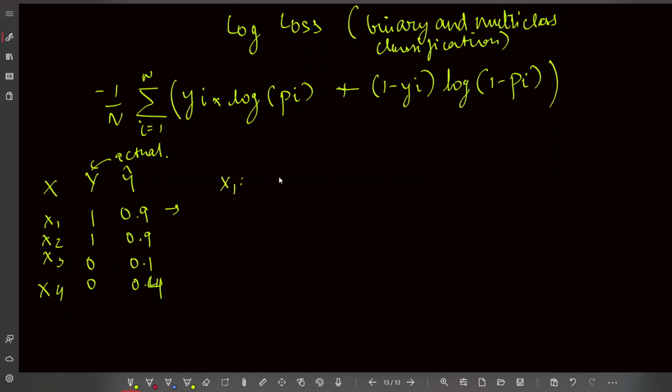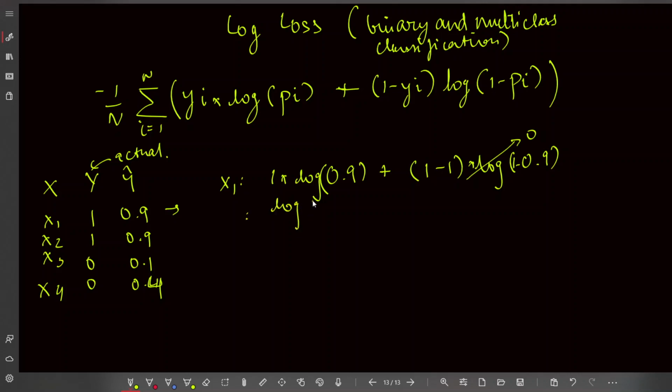for the data point x1, I'll get yi, which is 1, into log of 0.9 plus 1 minus 1 into log of 1 minus 0.9. This goes to 0 because it's 1 minus 1 into log of 1 minus 0.9. This is 0. And over here, I get the value of log of 0.9 as 0.0457. Let's take x3 now, because x2 is also 0.9, so it'll be the same value.